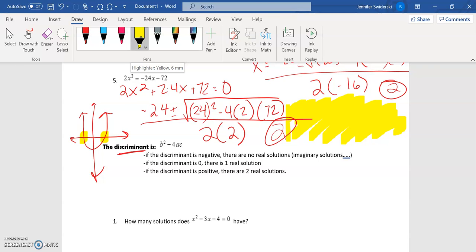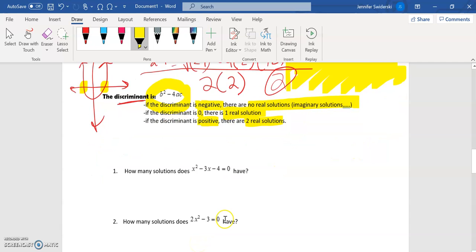If the discriminant is negative, there are no real solutions because they're going to be imaginary, meaning it does not hit the x-axis. If the discriminant is 0, there's one solution. If the discriminant is positive, there are going to be 2. Well, Ms. Fedorsky, what is the discriminant? This is what you need to remember: b squared minus 4ac.